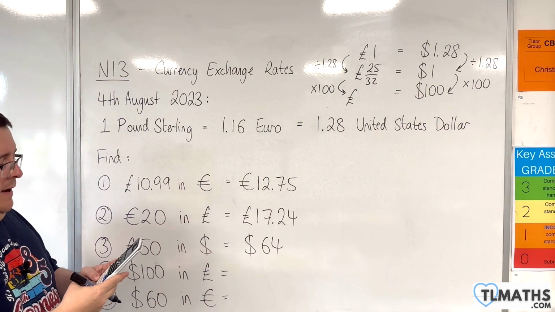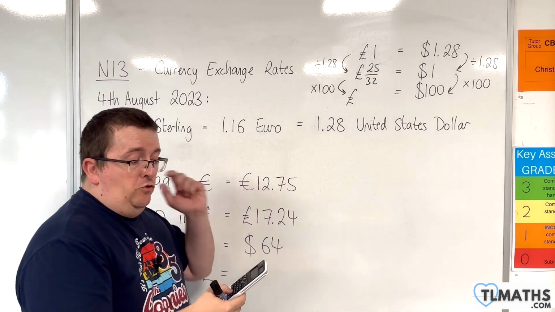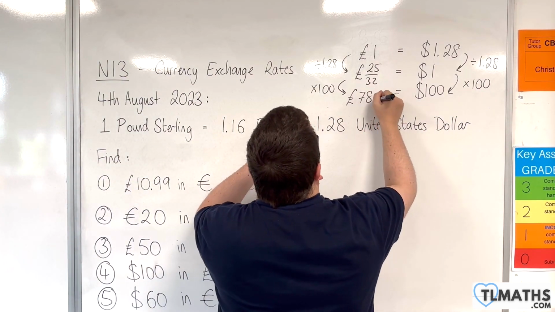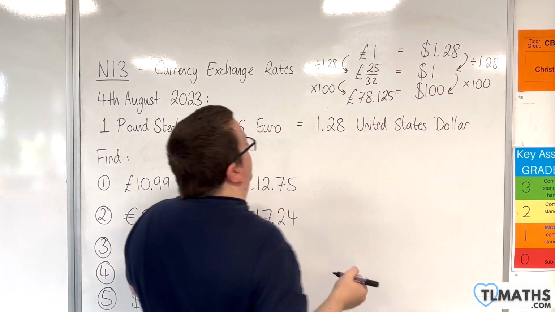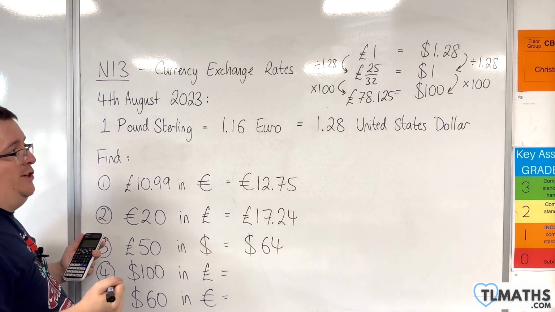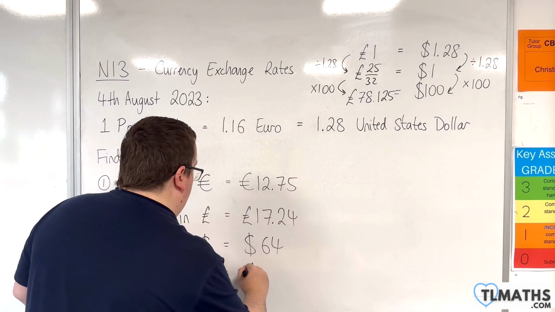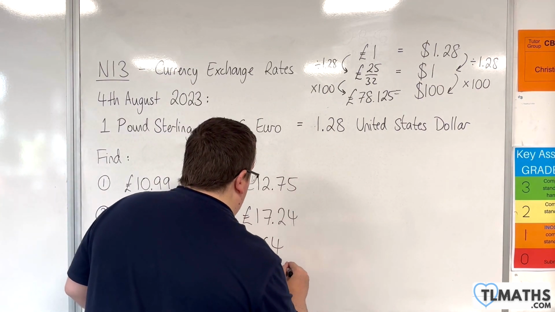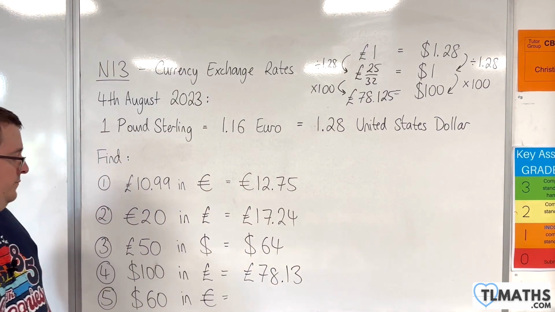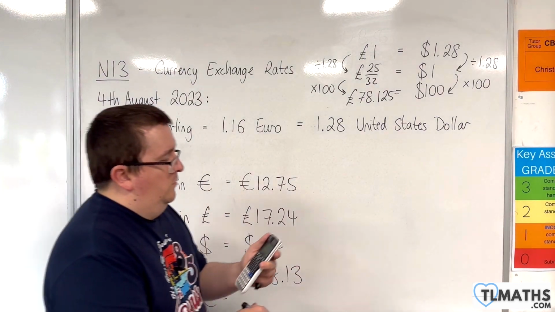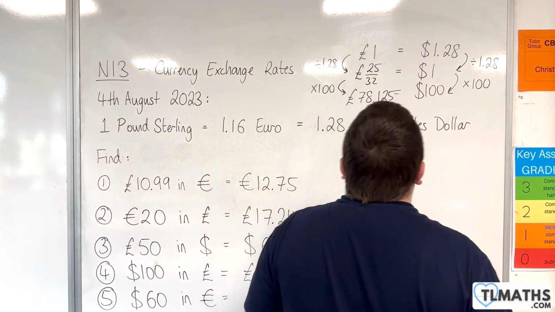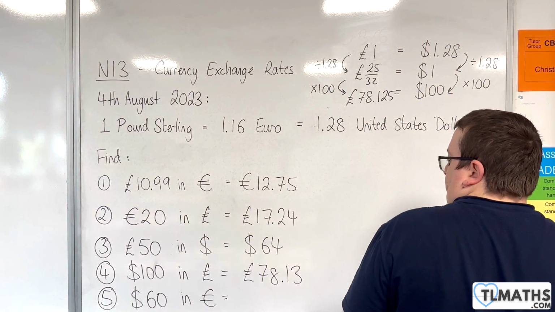Multiplied by 100, I get 625 over 8, so I convert that into a decimal, and I get £78.125. Now I'm going to round that to 2 decimal places, so that's going to be £78 and 13 pence. I'll leave that there for the moment.